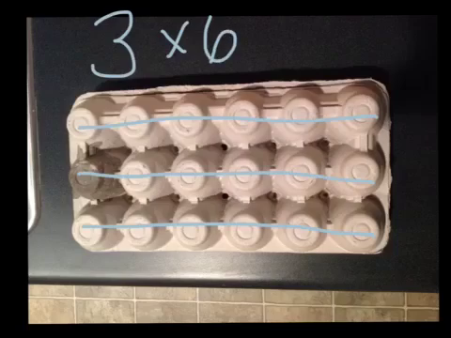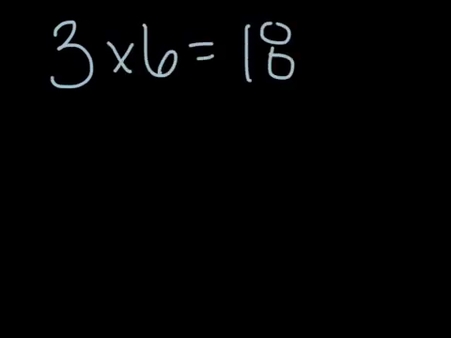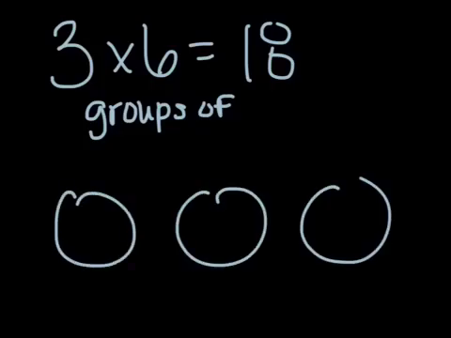Now what does 3 times 6 equal? Well, it should be 3 groups of 6, right? So if I have 6 plus 6 plus 6, that would be equal to 18. Now, when we think of a multiplication problem, we used to read 3 times 6 equals 18 as 3 groups of 6, which is when we drew 3 circles with 6 in each.